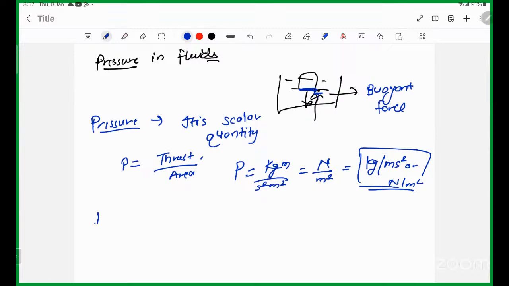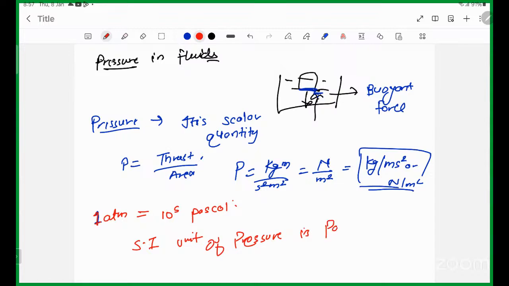1 atmosphere pressure in our atmosphere is equal to 10 raised to 5 Pascal. The SI unit of pressure is called Pascal.